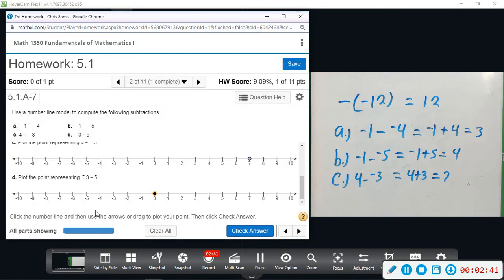And then D, we have -3 minus 5. Notice how these negatives are not side by side. We have a number in between. So this scenario is saying if we went from a -3 and then we subtracted 5, went 5 more to the left, 1, 2, 3, 4, 5.